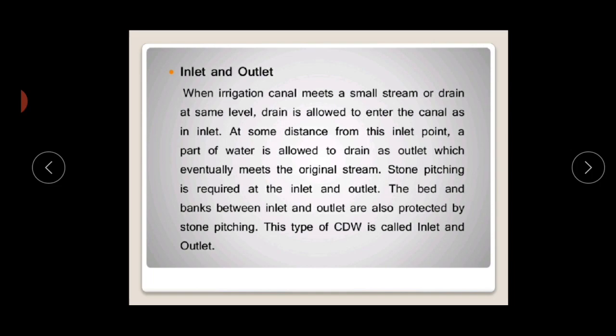Similarly, the outlet is another open cut in a canal with the bed and sides of the cut properly pitched, and the escaping water from the outlet is taken away by a lead channel to some nearby drain on the downstream side of the outlet.